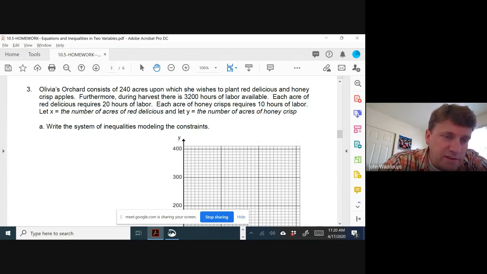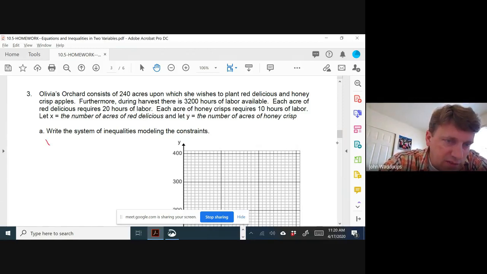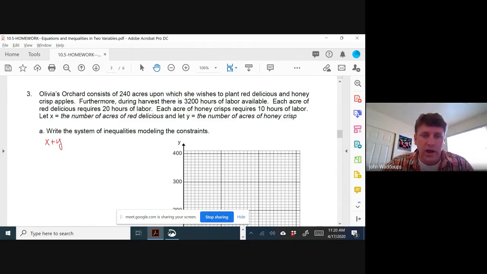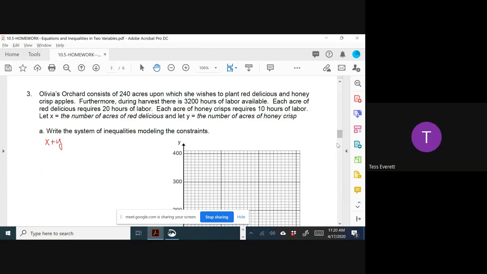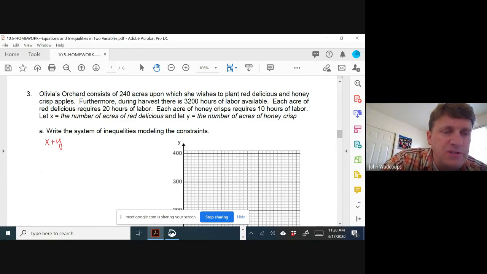All right, let's go back to the same idea here. What if I take x plus y? What does that represent? Tess? Sorry, what was the question? If I take the expression x plus y, what would that represent in here?